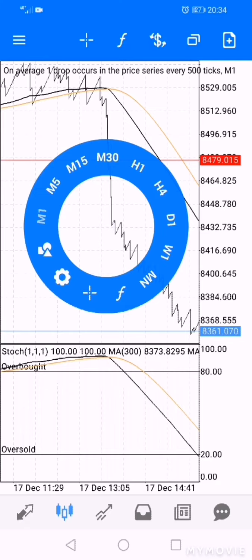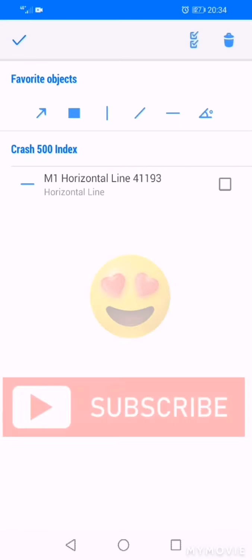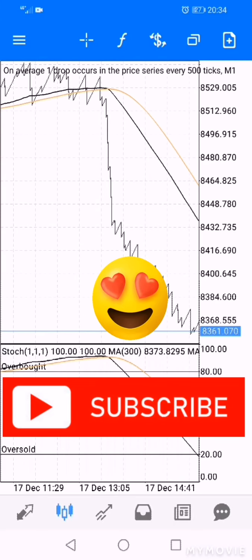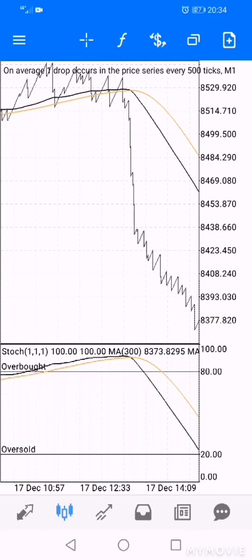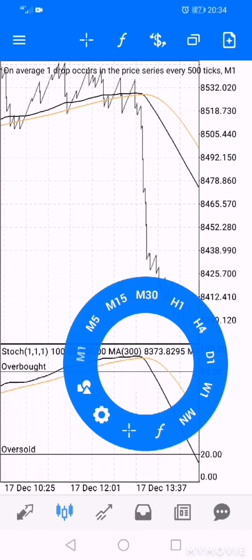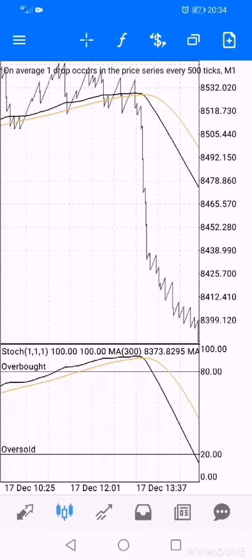Okay. I just want to delete that line, that object. Okay, good. You see, when your lines cross each other above the 80 line on your stochastic, you are going to sell.